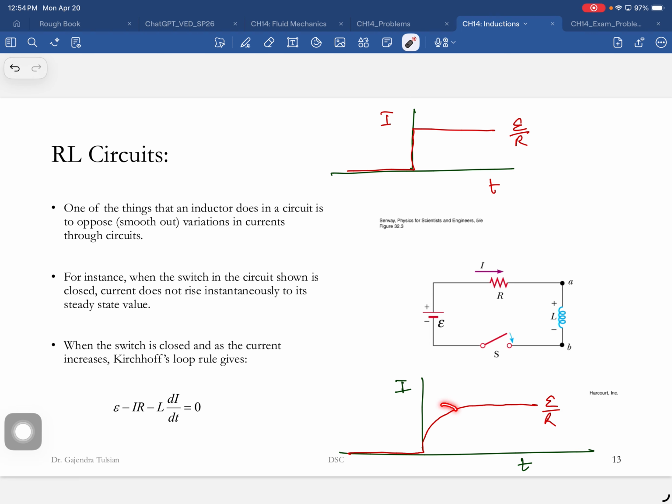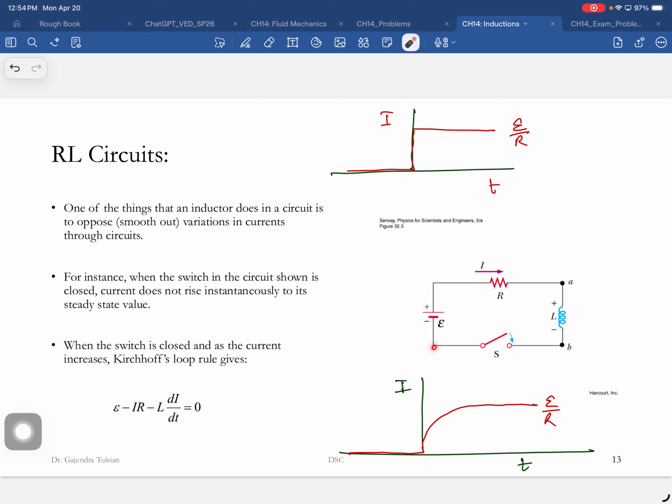Now we want to see how this current rises, and so we'll model this system. When you close the switch, you have a closed loop, and Kirchhoff tells us that the sum of the voltages across the elements in this circuit should add up to 0.